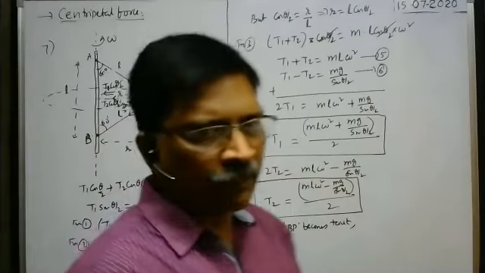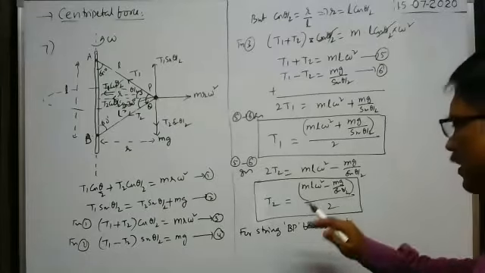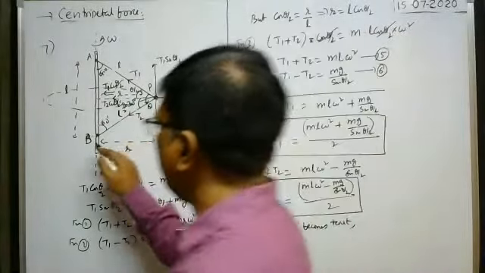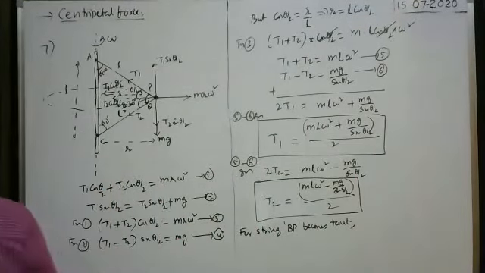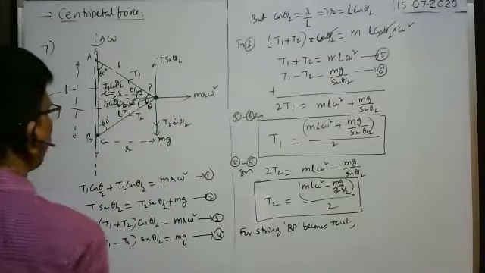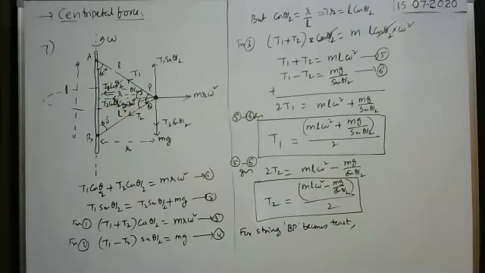Now, you see, for the string BP, this one. It is B, it is P, no? For the string BP to be taut, that means straight, not slack, that is tight. For the string BP to be taut, what is the condition?